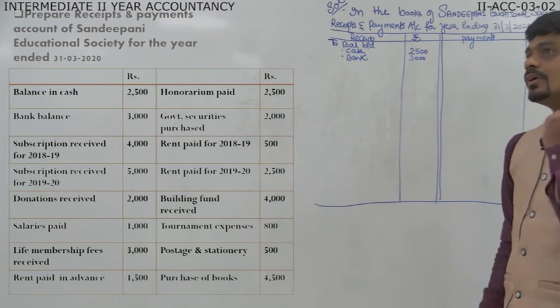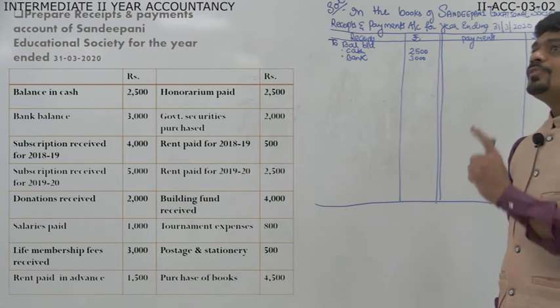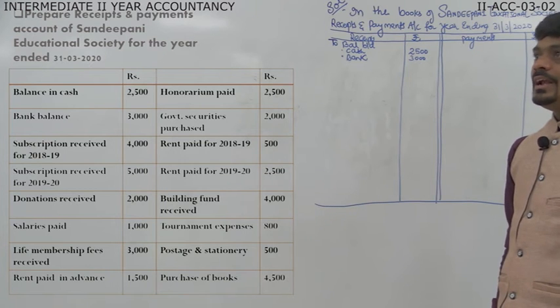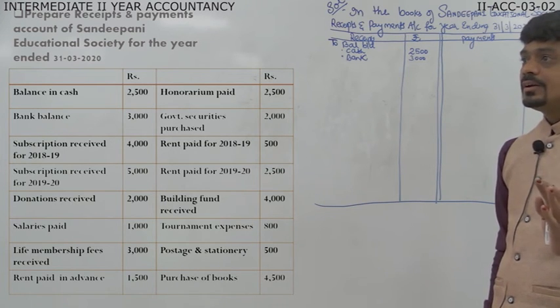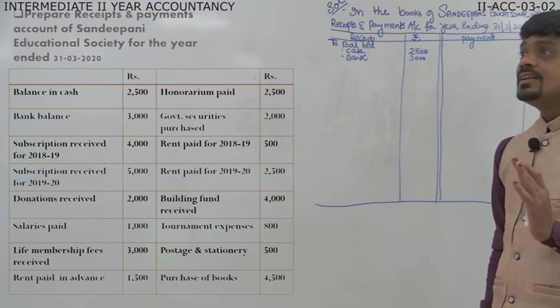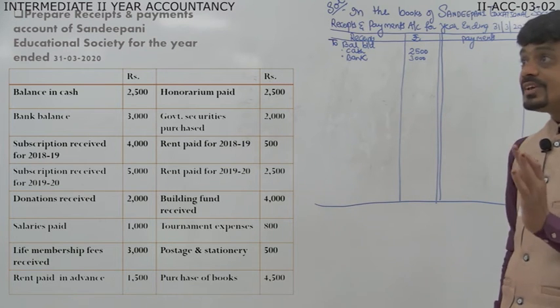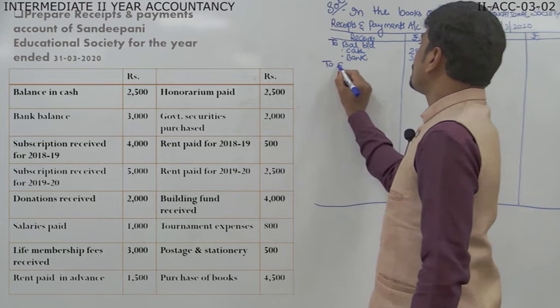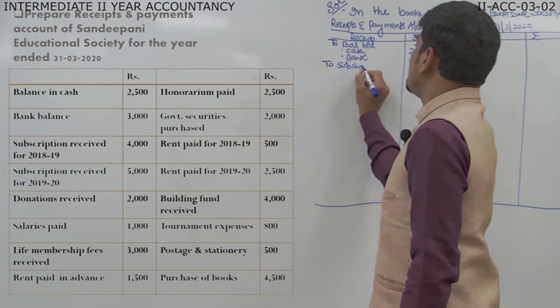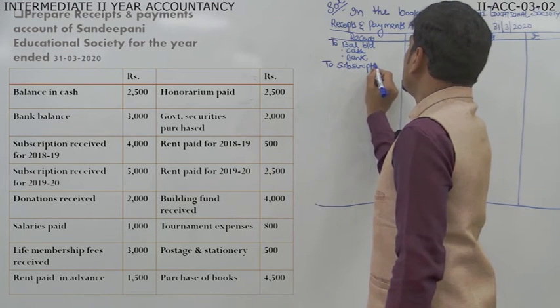Then subscription received for 18 and 19. For which year we received is not material; what we received is important. So we'll write to subscription.